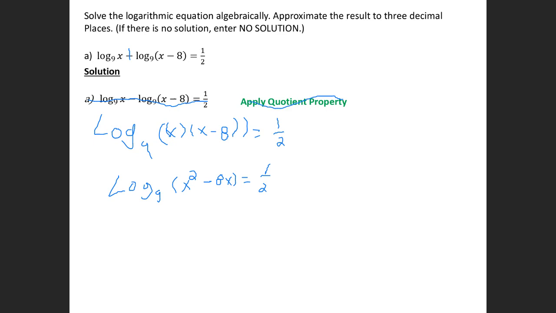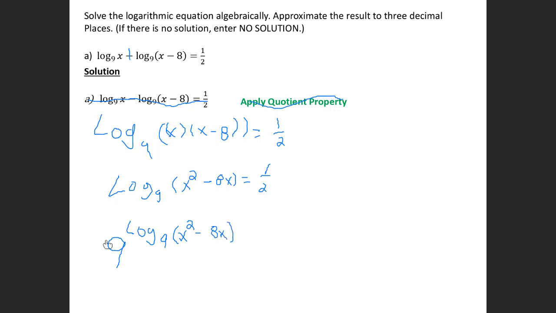Since I'm doing this on paper, I like to apply my inverse property. Here I have a log base 9. Instead of rewriting it, I use my inverse property and make this an exponent, just so you can see a different way of applying the properties. I can do an exponent with base 9 and take it to the log base 9 of x squared minus 8x.